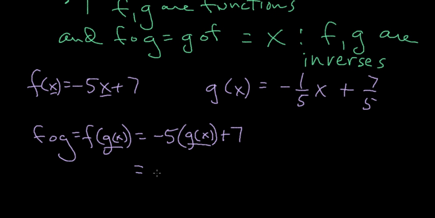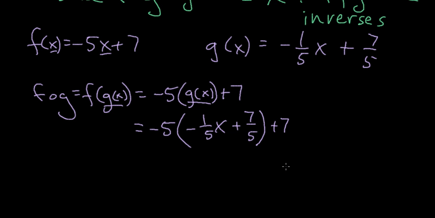And what does that equal? It's negative 5 times, what's g of x? Negative 1/5 x plus 7/5, plus 7. Let's take a look. We got negative 5 times negative 1/5. Negative times negative is a positive. 5 times 1/5 is 1, so that gives me x.